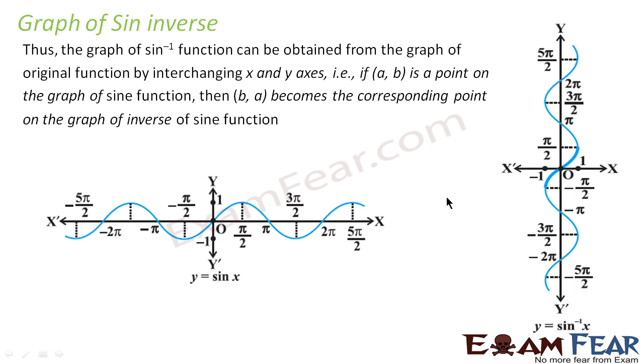We just toppled it. Here the y-axis contains all these values, minus pi by 2, pi, minus 2 pi, minus 3 by 2 pi and all, and the x-axis contains minus 1 to 1. Just flip it, that's all, and you get this graph, and this graph is nothing but my sine inverse x function.